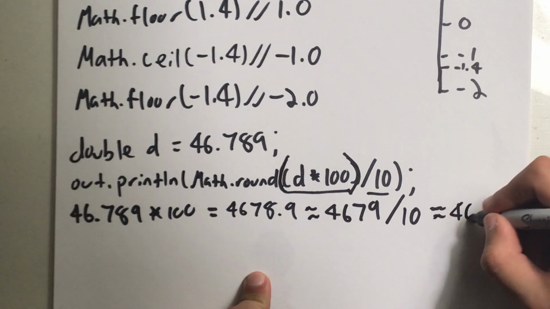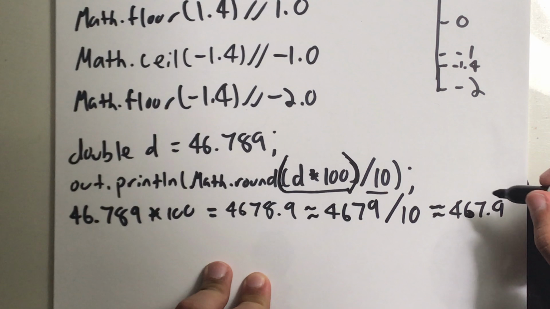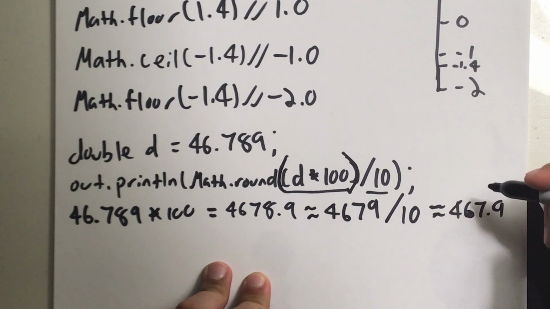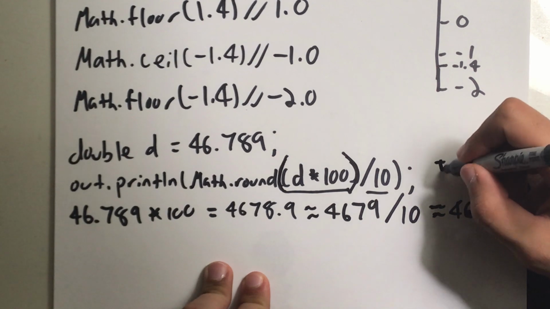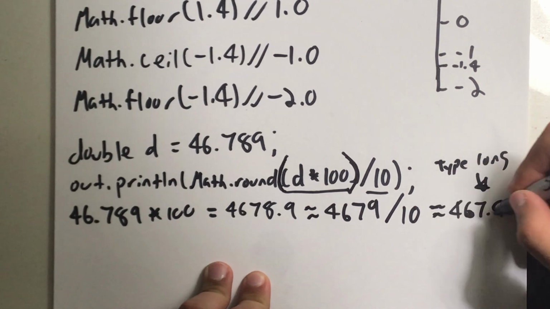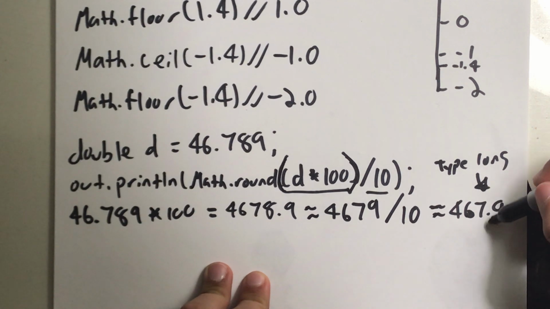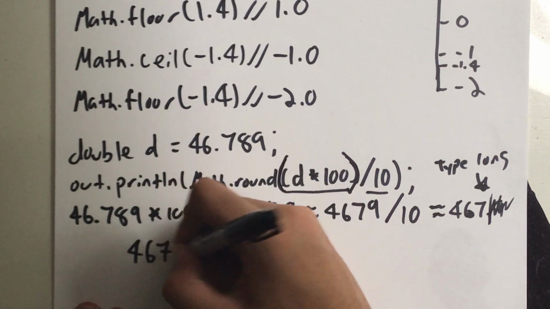And you're going to get 467.9, right? But 467.9 is a type long. So because we have a decimal place, we have to truncate the decimal. So anything past the decimal gets chopped off. So the answer is 467.